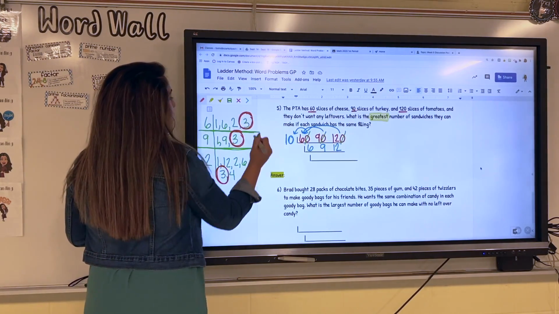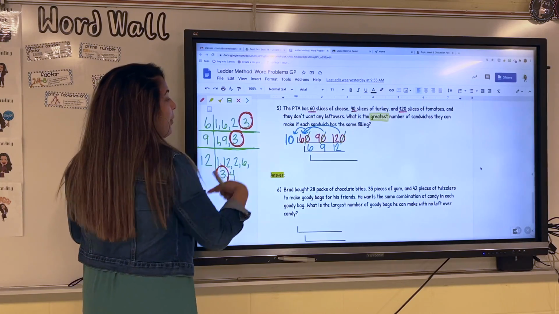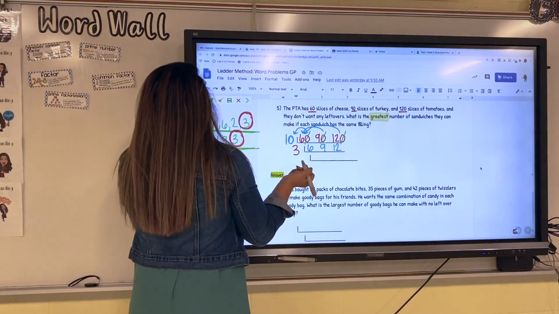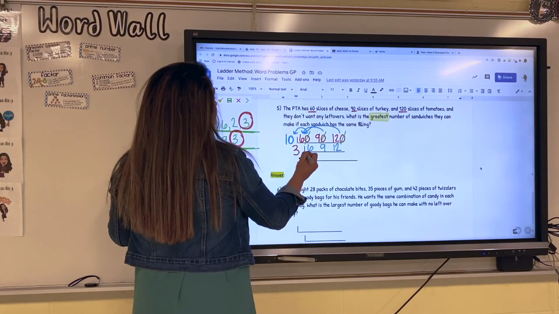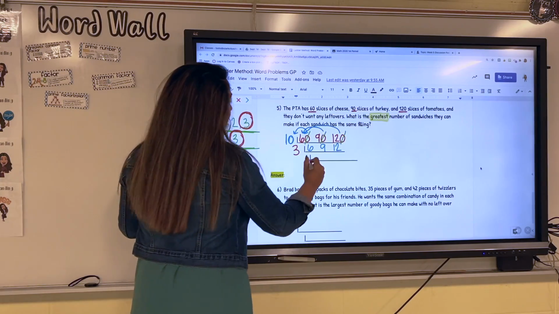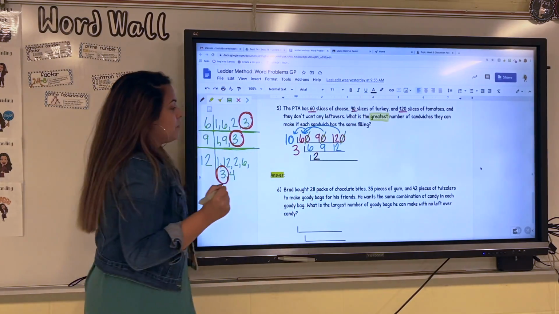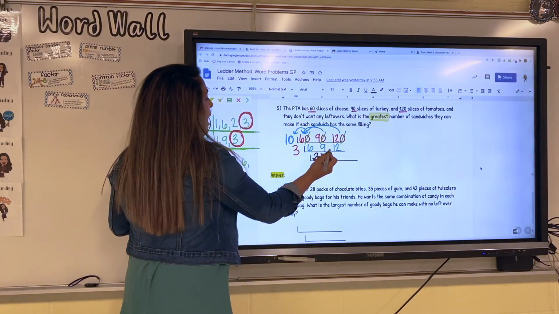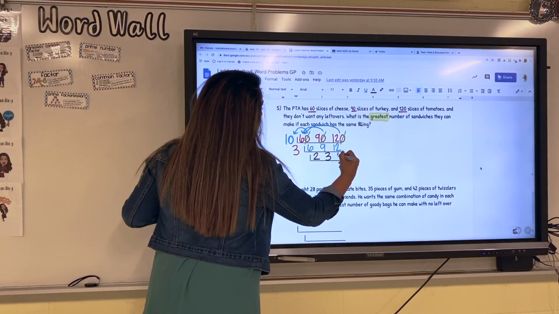So that means 3 is going to be our factor that we put on the outside. So now, I'm going to divide each of these numbers by 3. 6 divided by 3 is 2. 9 divided by 3 is 3. And then 12 divided by 3 is 4.